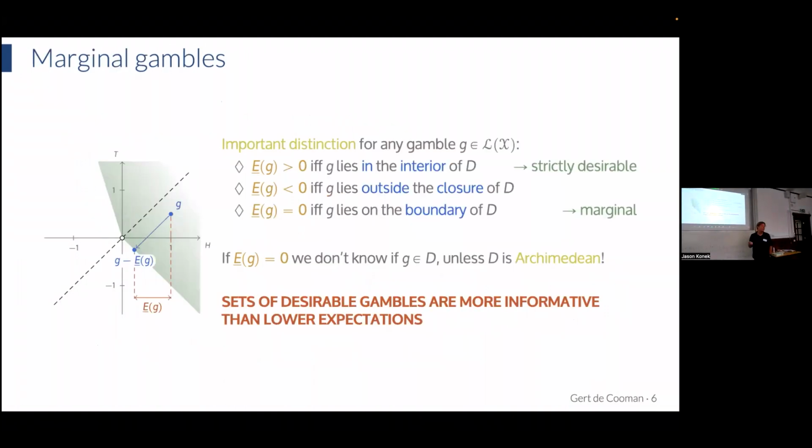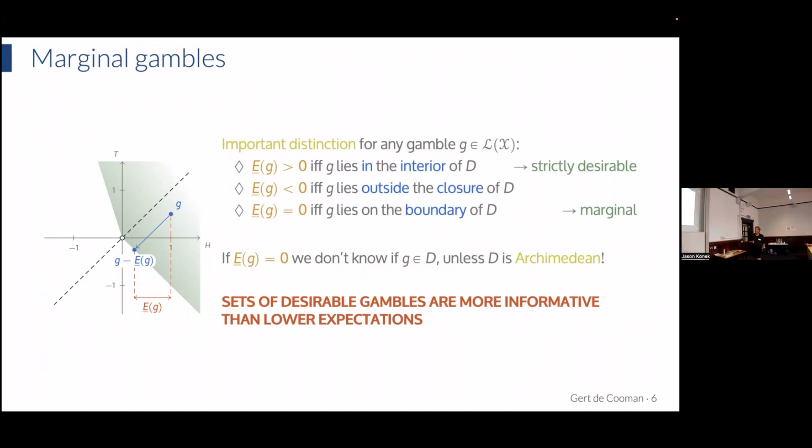Okay, so let's look at this picture again, right? We know that when mu is equal to the lower expectation, we are on the border, almost by the definition of the lower expectation as that value for which we are on the border. So this means that if I project downwards, the distance between these two points in the x direction, but also in the heads direction and in the tails direction, is just equal to the lower expectation.